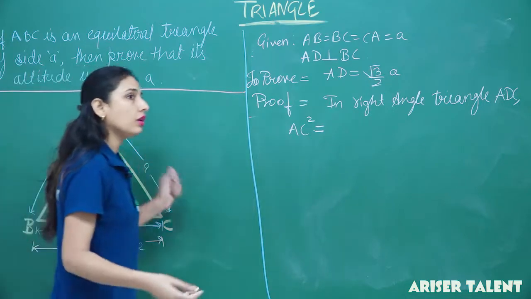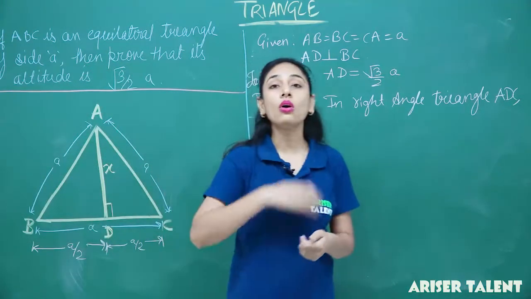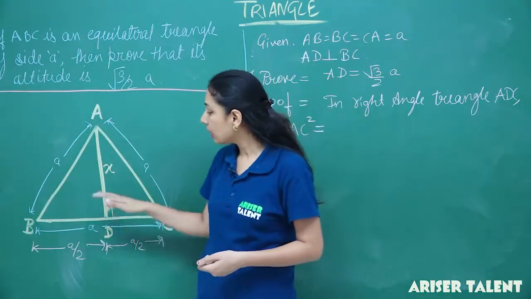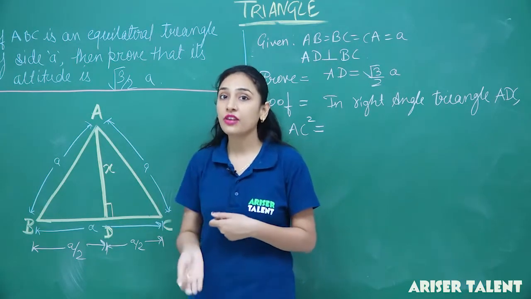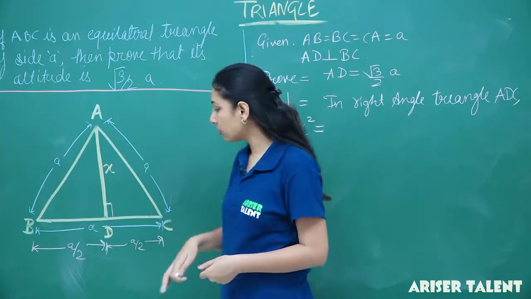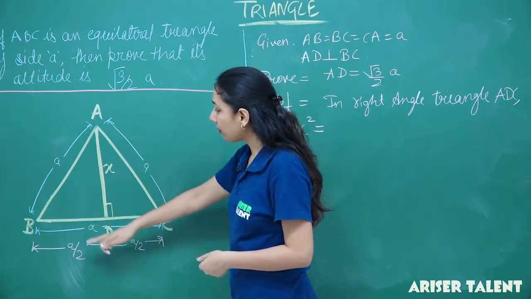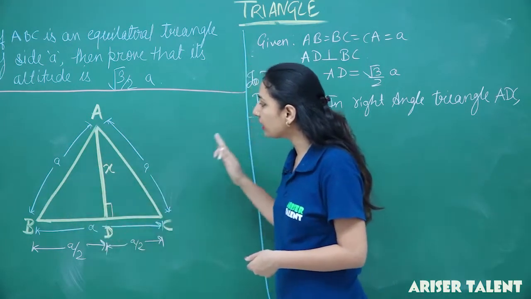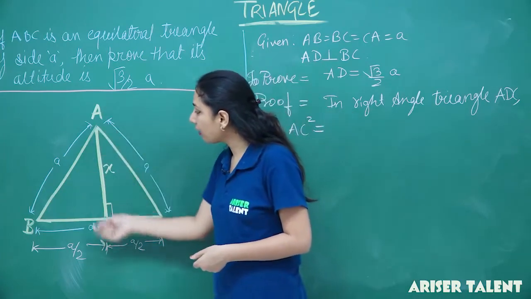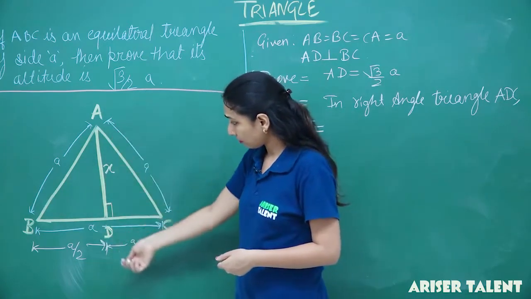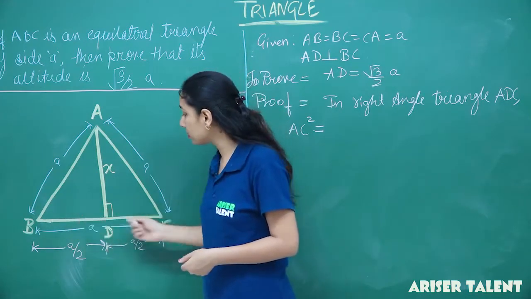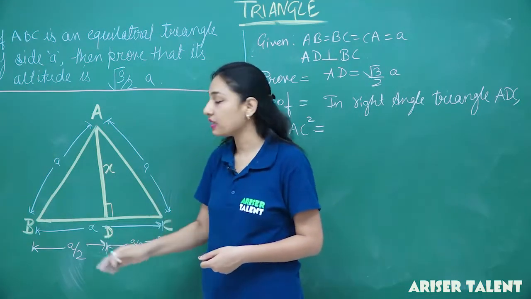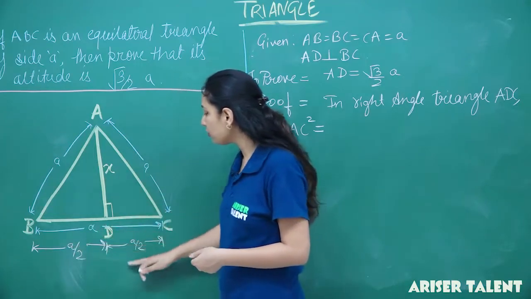We have learned all these properties of equilateral and isosceles triangles in our previous classes. If you have an equilateral triangle and its altitude, then it will divide the opposite side into two equal parts. So if it's A, it will be A by 2 and A by 2.